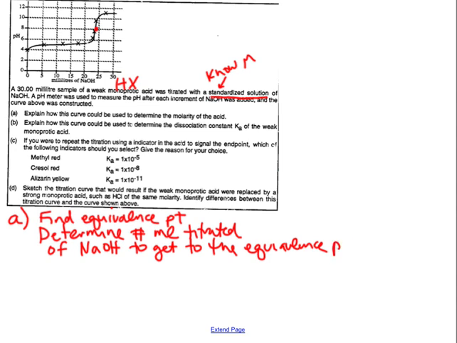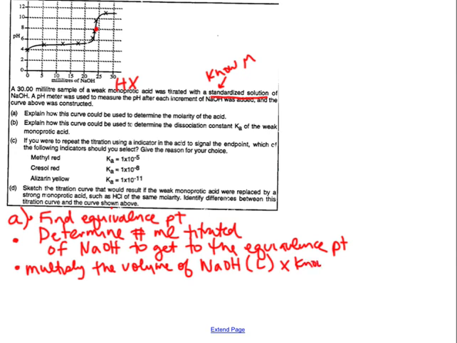Once we know that, because this is a standardized solution, we multiply the volume of NaOH to get to the equivalence point, in liters, times the known molarity.